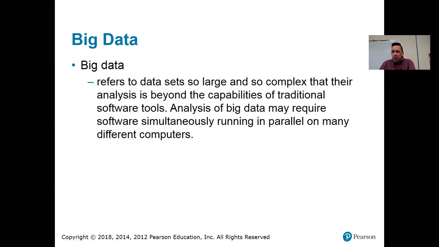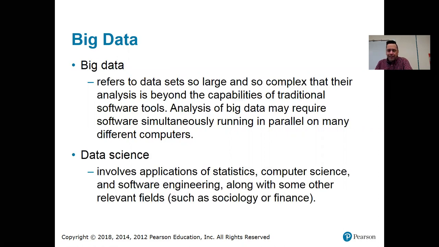I have a feeling we're not going to be using that term very often because obviously we're not going to be solving problems with big data, not in this class. Data science involves applications of statistics, computer science, and software engineering, along with some other relevant fields such as sociology or finance. So data science is really, really related to statistics, okay?